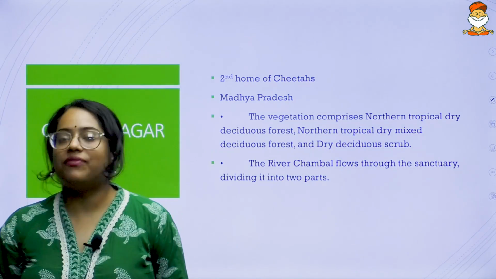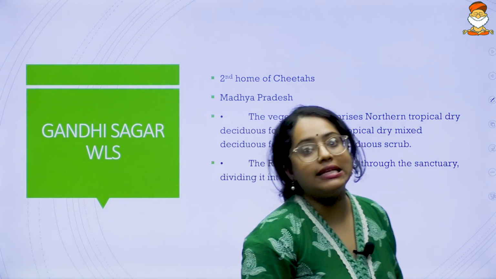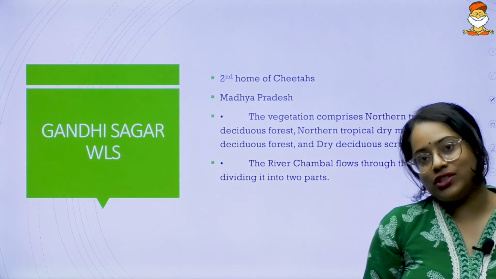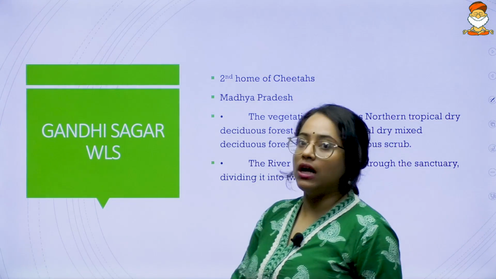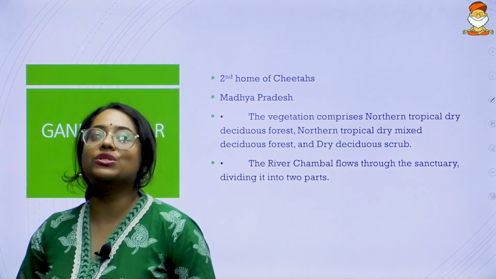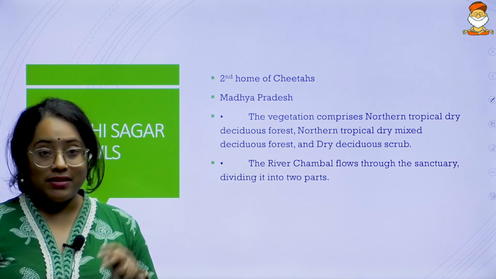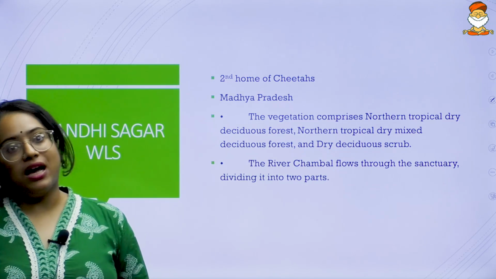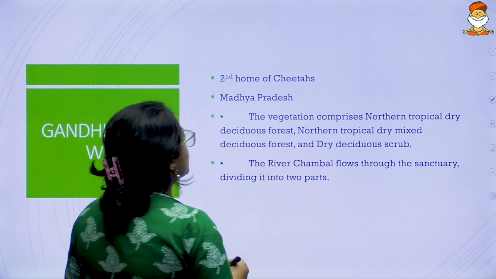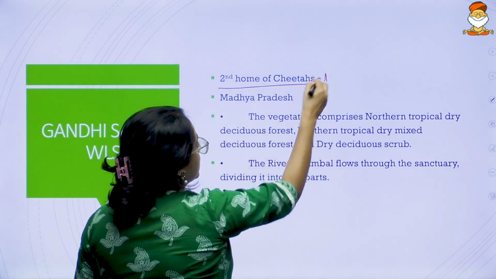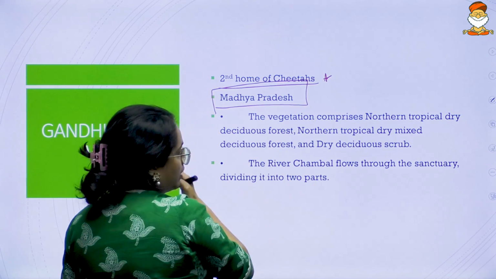The next area that we have to discuss is your Gandhi Sagar Wildlife Sanctuary. After the Kuno Palpur Wildlife Sanctuary, or the national park, which became the home of the cheetahs from Namibia, Gandhi Sagar Wildlife Sanctuary is now chosen as the second home of cheetahs. Again, it is occurring in Madhya Pradesh.